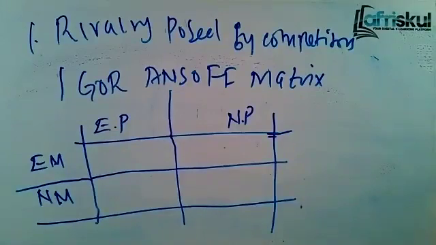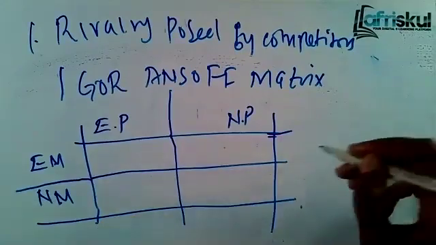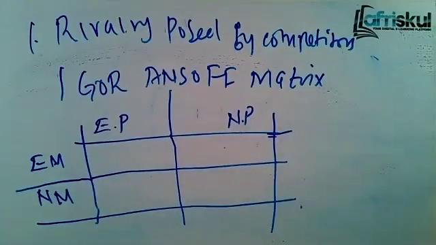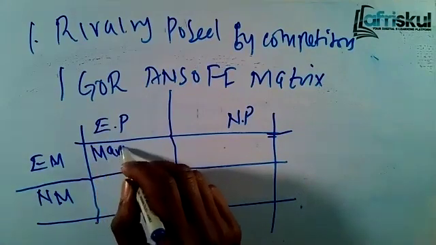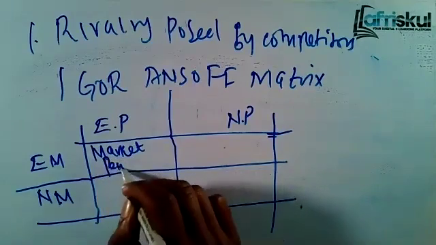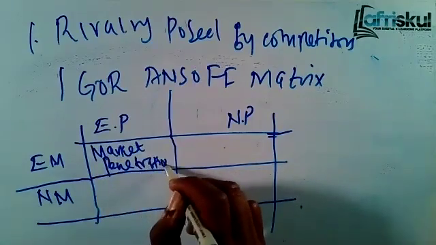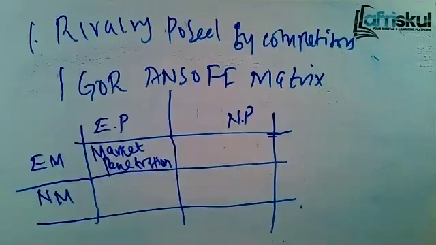We are trying to see the ways to gain competitive advantage, even if it's not specifically to do with Porter, or even to grow the strategies. Growth strategies we're also going to discuss later. But according to Ansoff, when you take your existing product in your existing market, that's what we call market penetration. Meaning your product has not been really known in the market. You are trying to penetrate, to let everybody know that you exist.